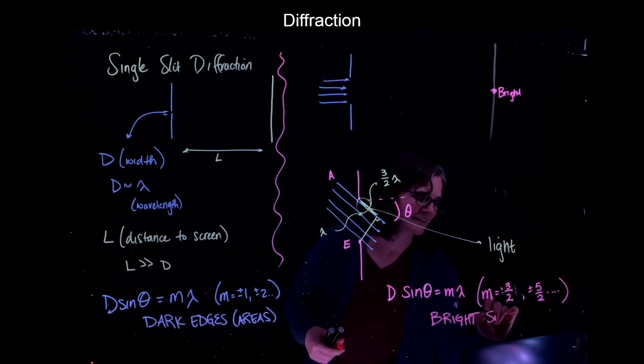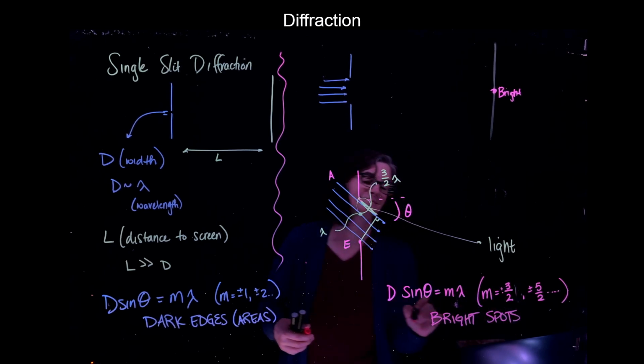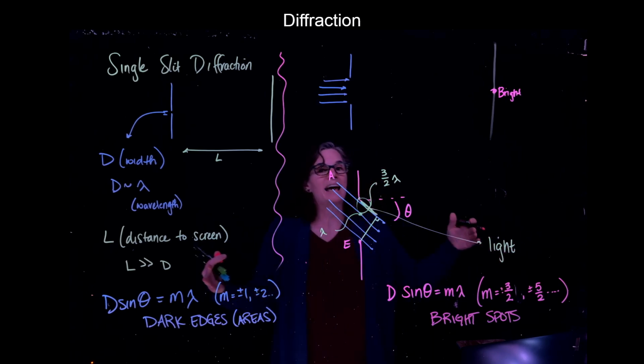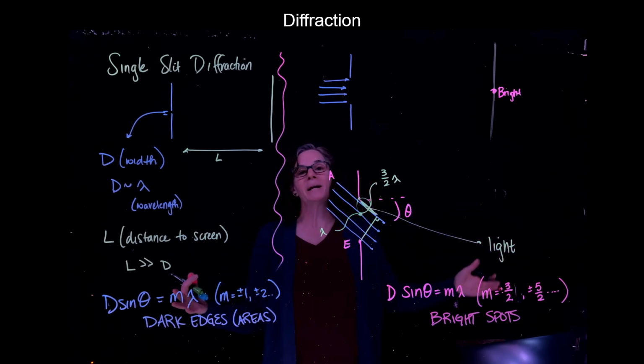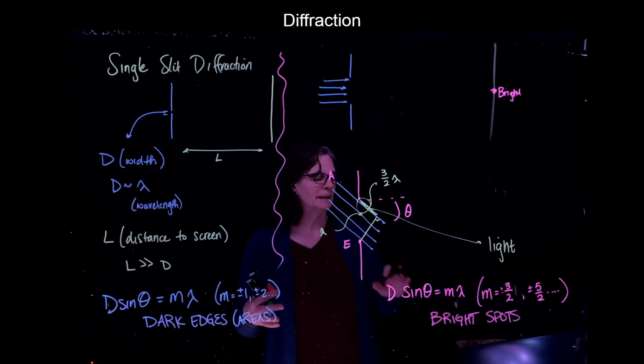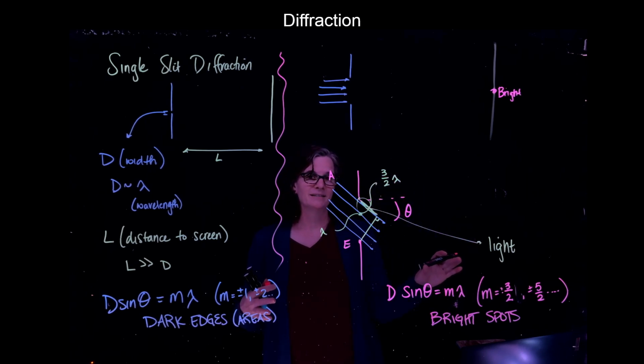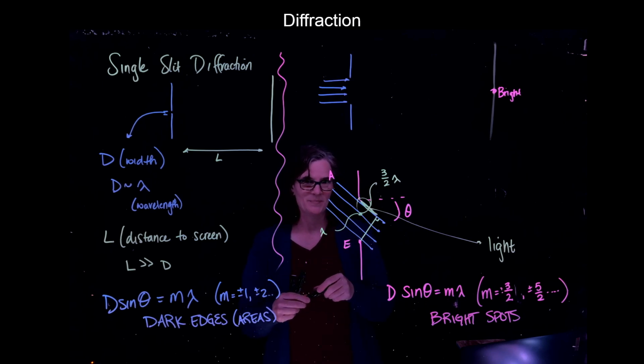Again, not as bright as the center, and they get dimmer and dimmer as the angles get bigger. And we'll talk about that in just a minute. Not as bright as the center, but we in fact get those bright spots as well.